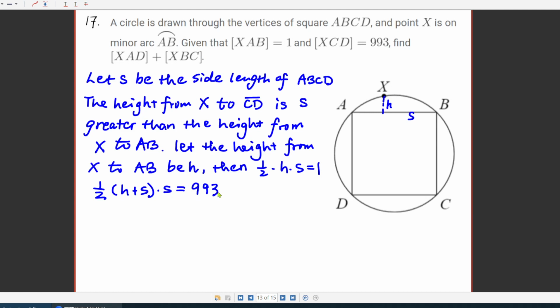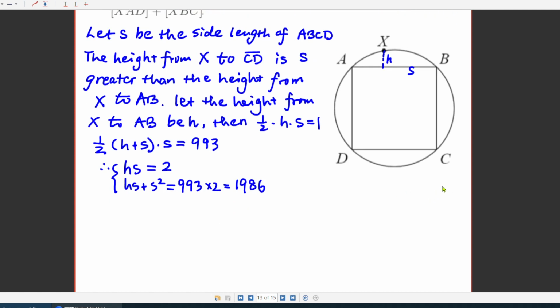From the given information here. And this gives us, first of all, HS equals 2, right? And also HS plus S squared equals 993 times 2, which is 1986, right?